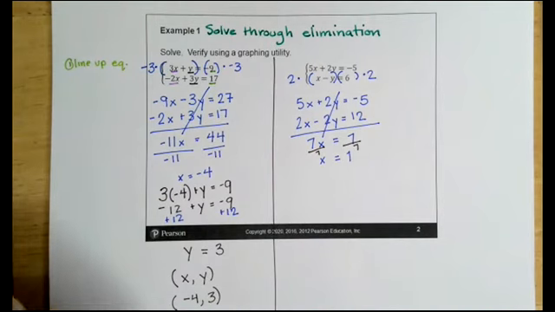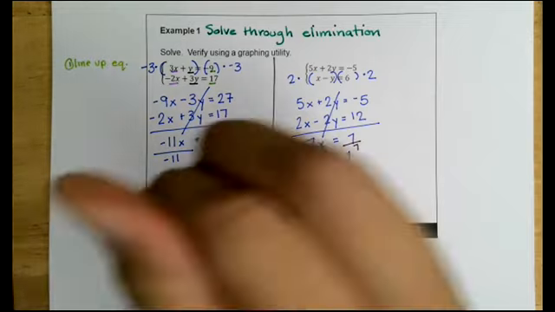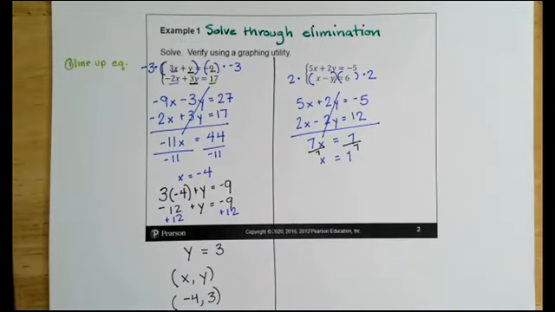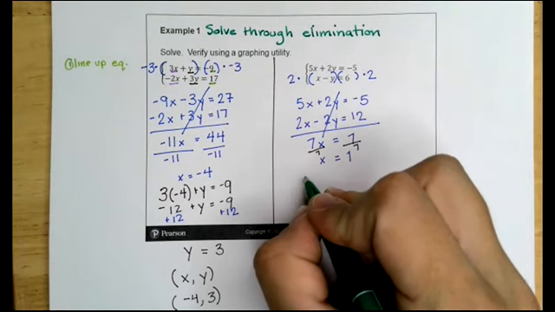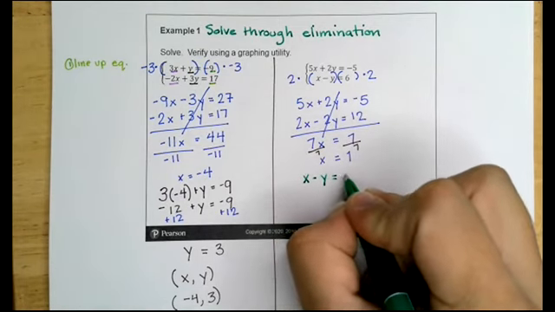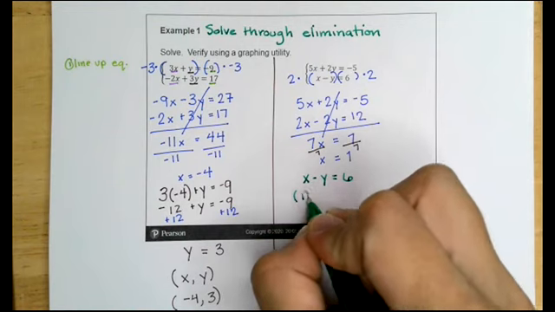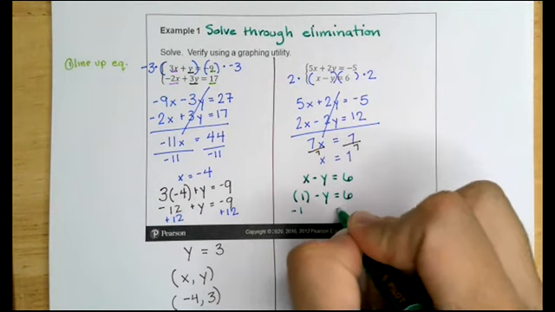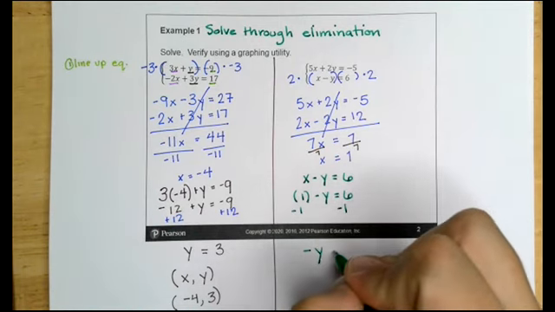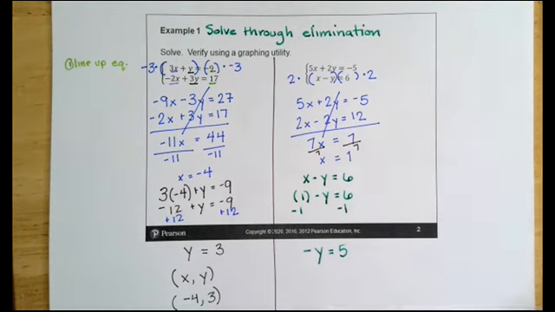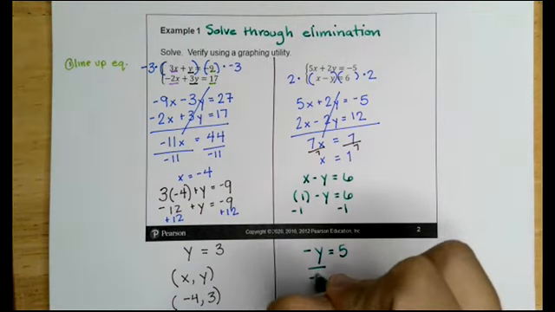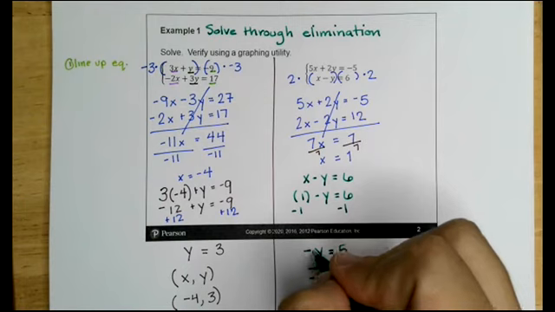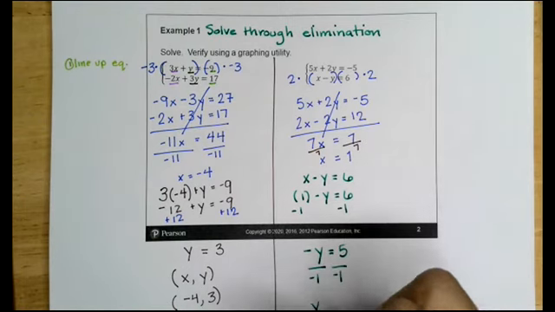So the point is common, so I can use either equation to substitute x in and find y. I'm going to use that bottom one. It looks easier. So x minus y is 6. 1 minus y is 6. Subtract 1. Minus y, or negative y, is 5. Let's change the sign on both of them. Negative divided by a negative becomes a positive. Positive divided by a negative becomes a negative.